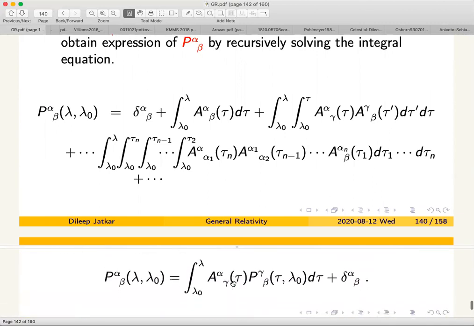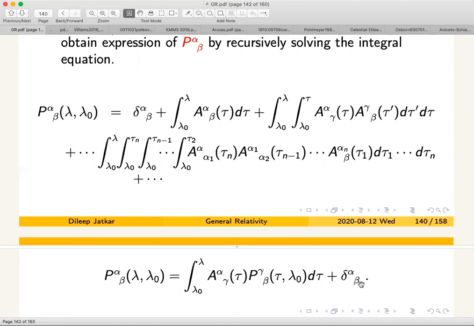Okay, so here's the equation. The equation that we wanted to solve was precisely this, but to leading order, so this will be done order by order. So at this place we will substitute delta plus this integral.